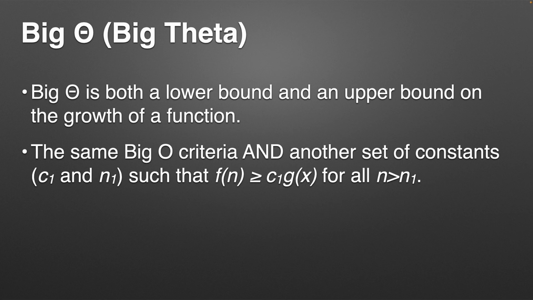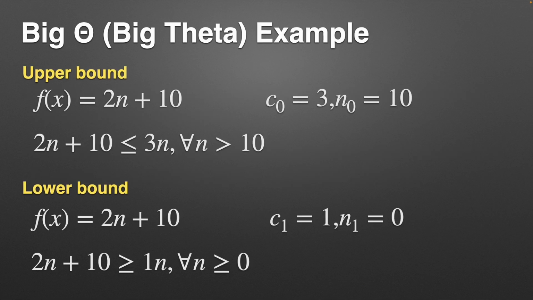Let's just pick two more constants, and we'll call them C1 and N1. And what they have to do is the opposite. So we have to find two constants that would allow g of x to always be below our function as n becomes very, very high. And that's something we can do.